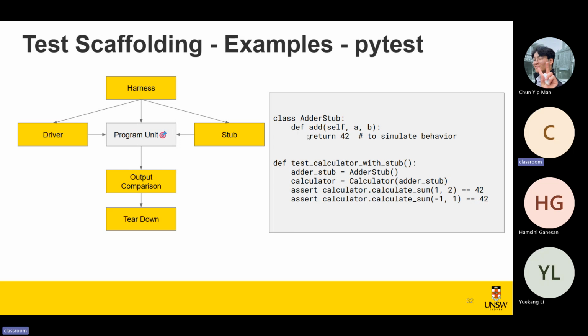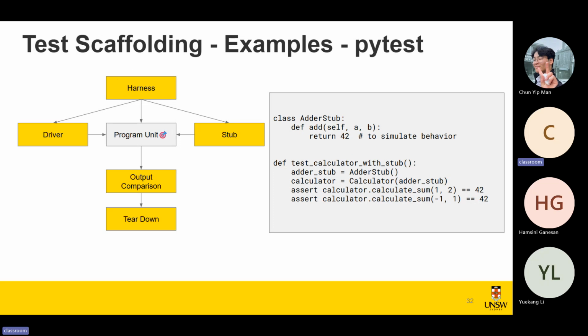So now let's try to think about which part of test scaffolding each piece of code corresponds to here. First, what is this adder stub? What is the corresponding component on the left? Obviously, as indicated by the name, it is a stub. Sorry, there's something wrong with the animations.